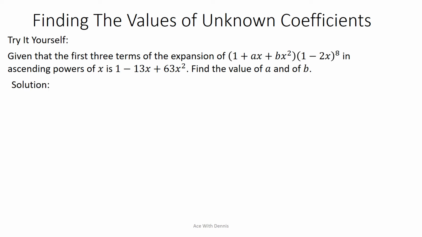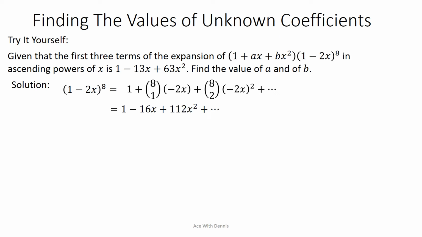Okay, here's the solution. First, we want to expand 1 minus 2x to the power 8. By applying the binomial theorem, we get 1 plus 8 choose 1 times negative 2x plus 8 choose 2 times negative 2x squared plus dot dot dot. So you get 1 minus 16x plus 112x squared plus dot dot dot.